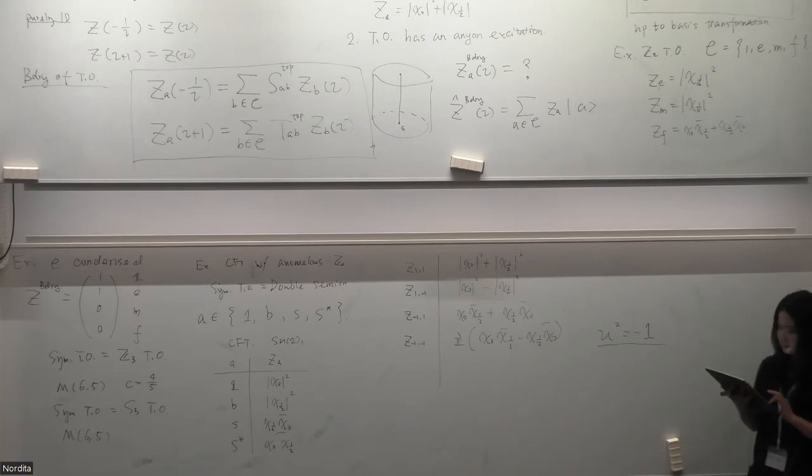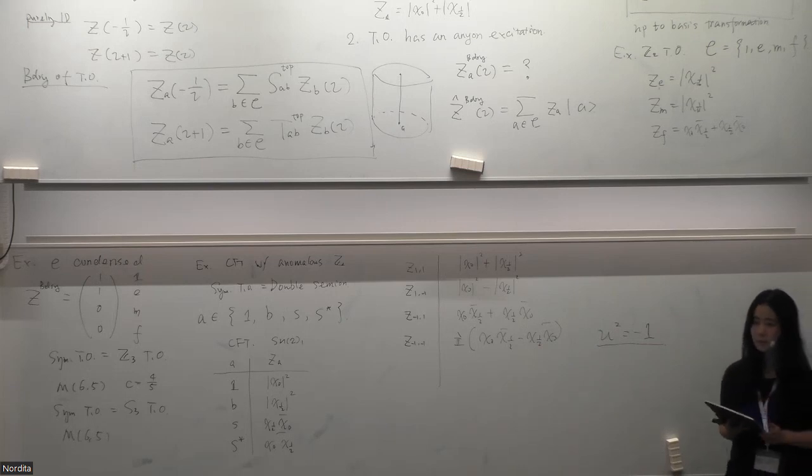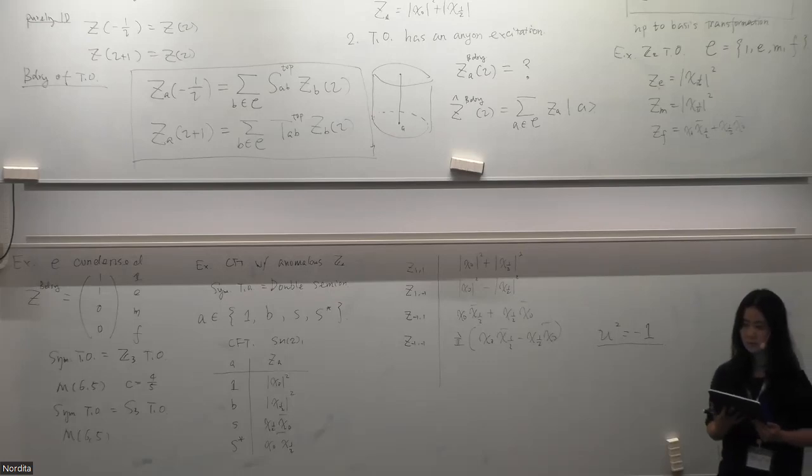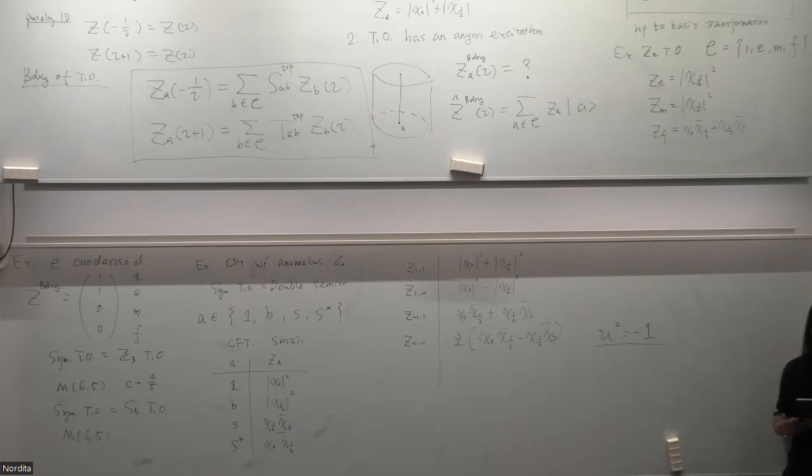Sorry, I have a basic question. Regarding the examples that you have proposed, is it different from the symmetry topological order correspondence? Yeah, for chiral cases, it reduces to the standard case, but this is particular to the non-chiral case.